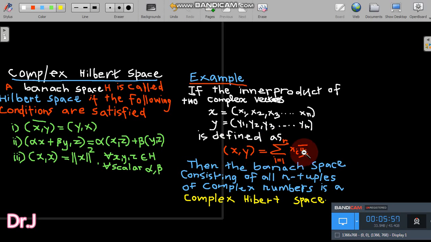If we define it like this, definitely this Banach space of all n-tuples becomes a complex Hilbert space.